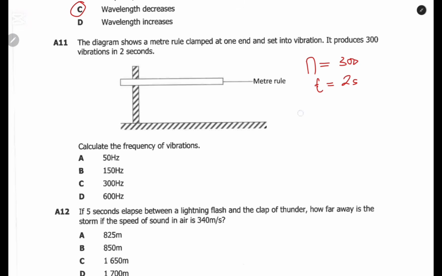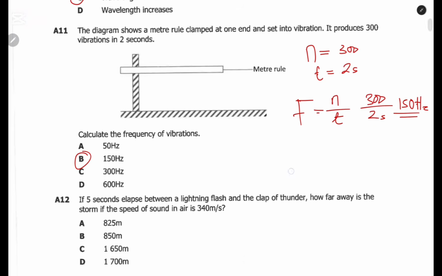To calculate the frequency, we use the formula: frequency is the number of complete vibrations per unit time. So number of complete vibrations divided by time, 300 vibrations divided by 2 seconds. We are going to have 150 hertz, and therefore the answer here is B.